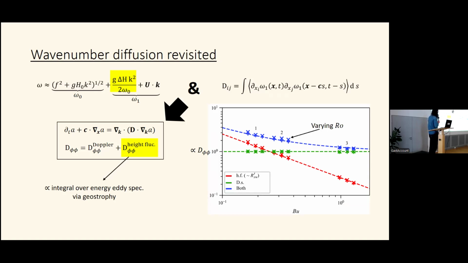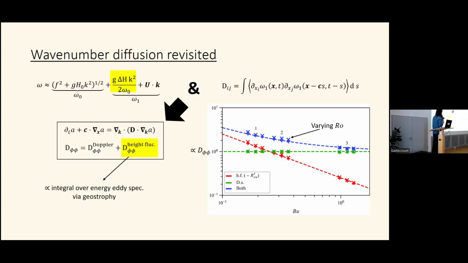The red line is just height fluctuation effects, the green line is just Doppler shift effects, that's what I showed you at the start. This is all normalized so the Doppler shift is constant, which is just a convenient choice of scaling on the y-axis. Both effects together are given by the blue. The point I'm trying to make is that for quasi-geostrophy, Berger number is order 1, and this height fluctuation effect is not ridiculously small, it's like a quarter.